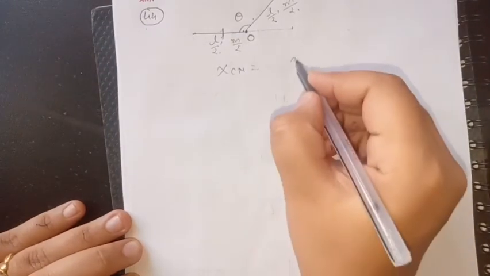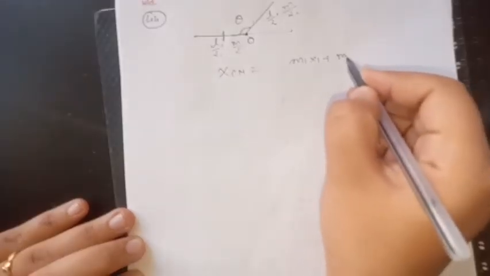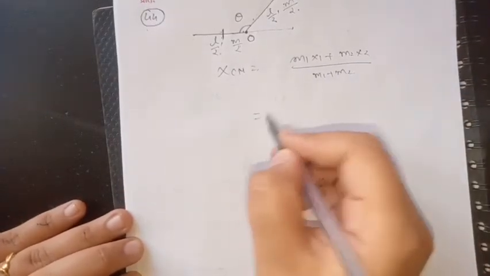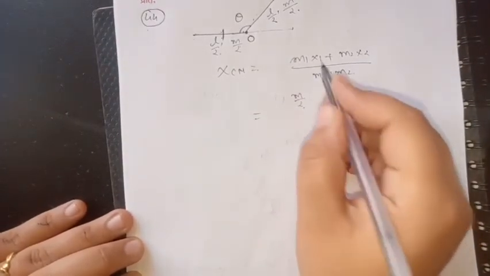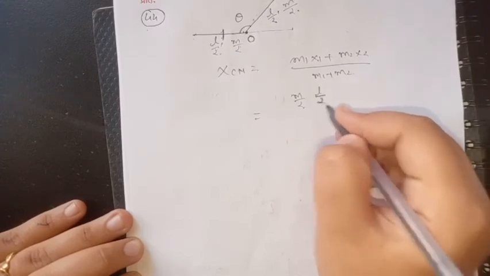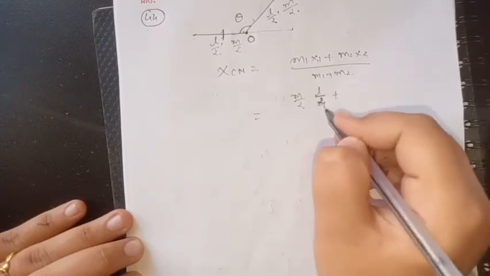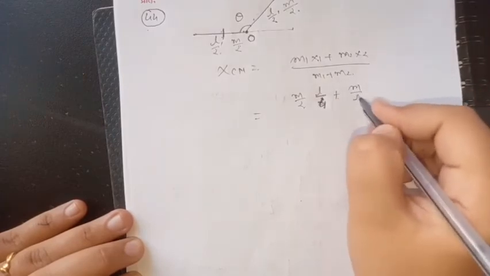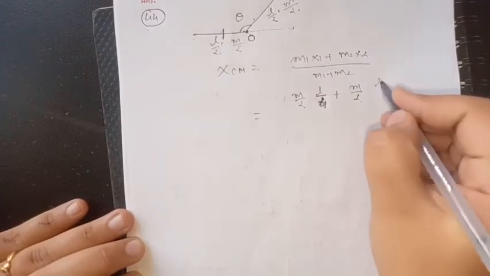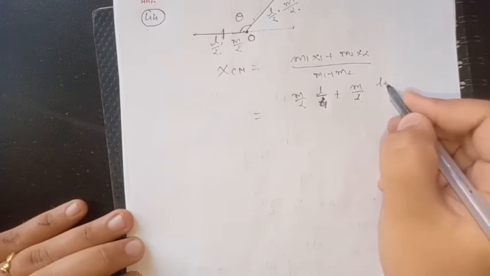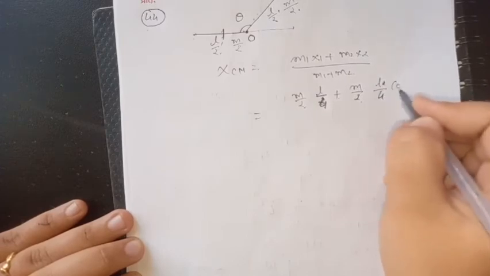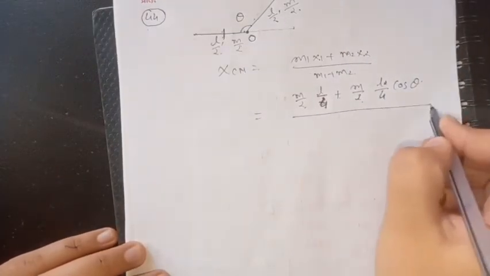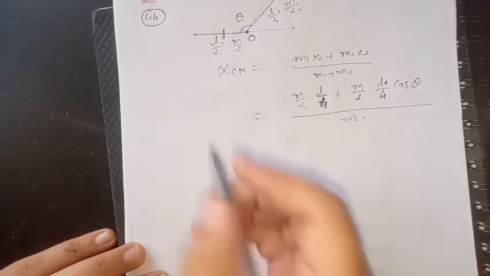So m1 x1 plus m2 x2 upon m1 plus m2, using this formula. m1 is m by 2, x1 is L by 2, plus m2 is m by 2 and x2 is L by 2, L by 4 cos theta, divided by total mass of the system, that is m.